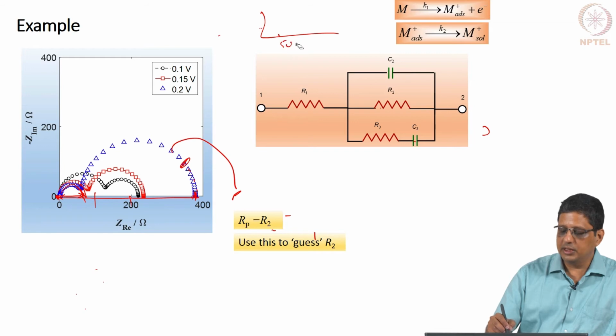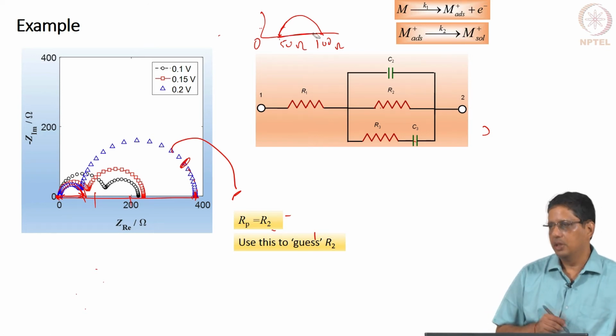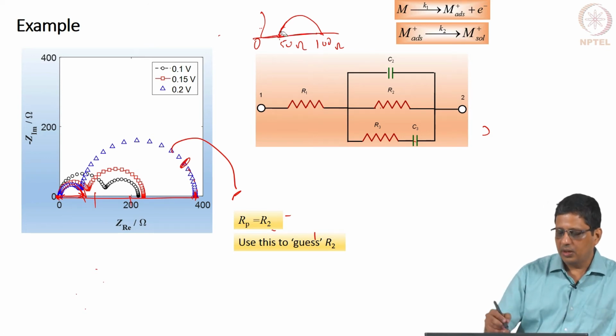Let us say 50 ohms is our solution resistance. The spectrum starts here and goes here. This is 100, this is 0. Then solution is 50, RT is 50, and I will just make up this story and say it comes here, this is 150, this is 200.